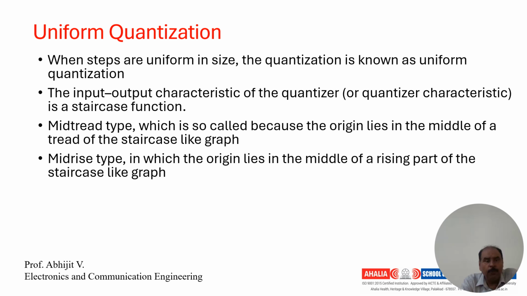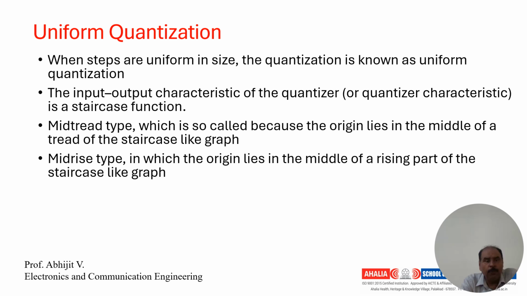On solving this integral, we get delta square by 12. We calculated in the previous slide that delta is equal to 2 M max by L. On substituting that here, you will get M max square by 3 L square.